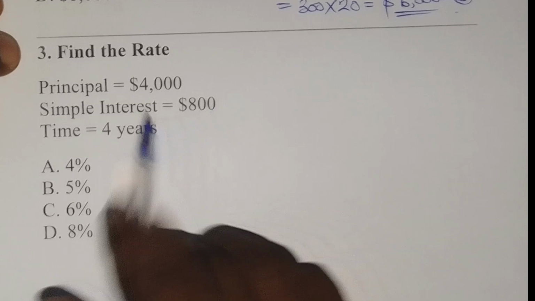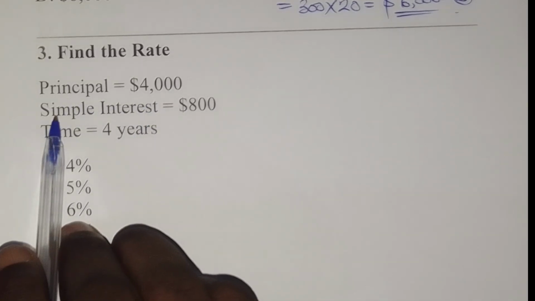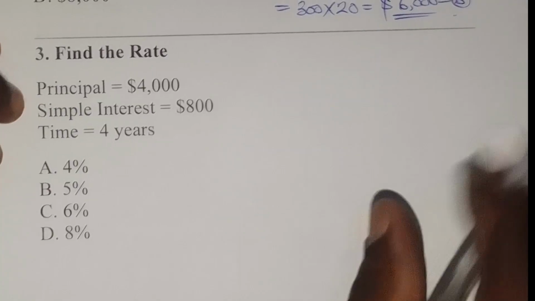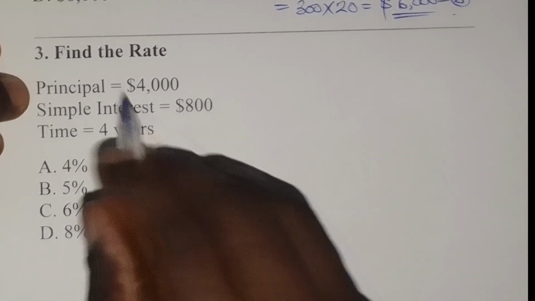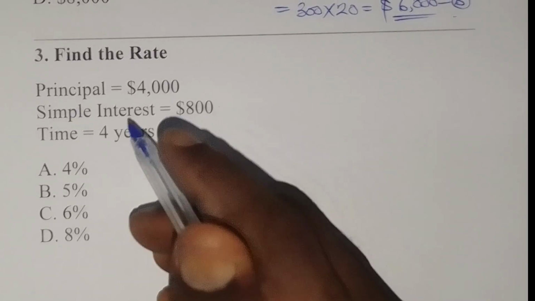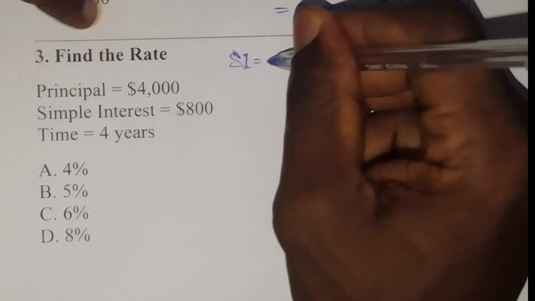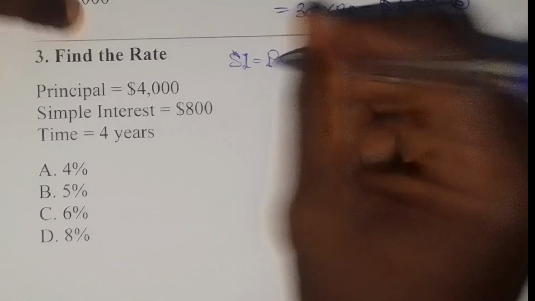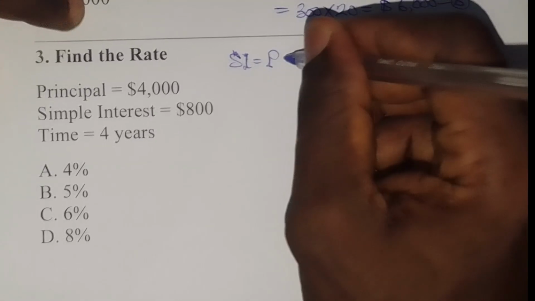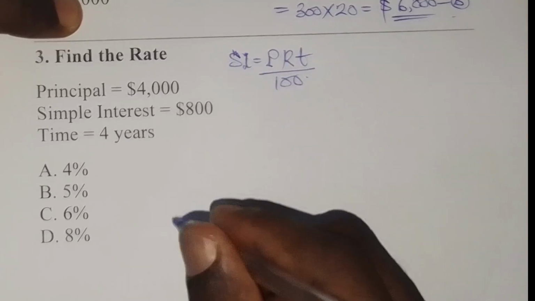In this particular question, the principal is $4,000, the simple interest is $800, and the time is 4 years. We are now trying to find the rate in percentage. To solve this, simple interest is equal to principal times rate times time all over 100.